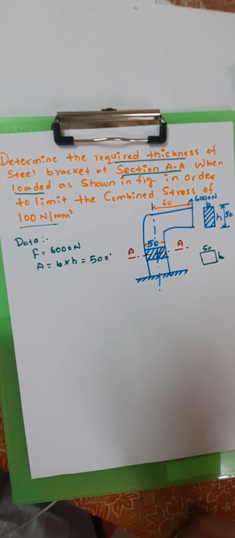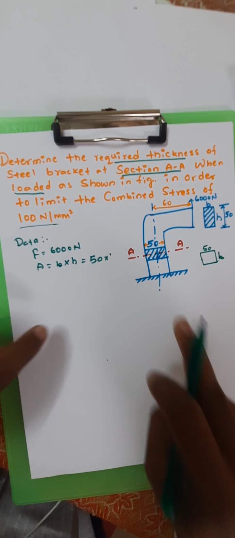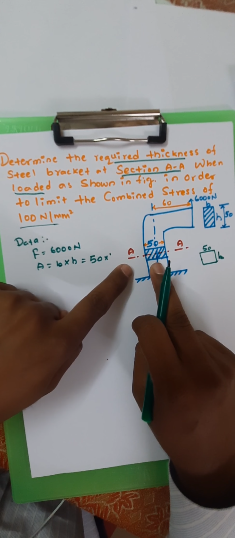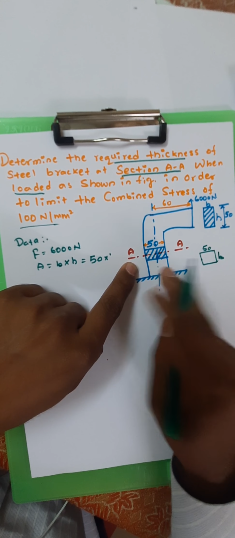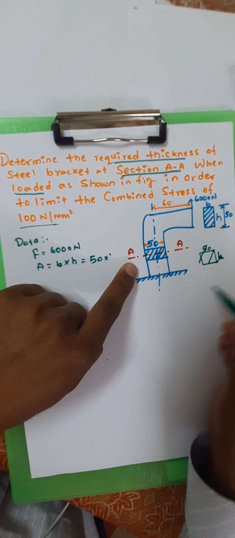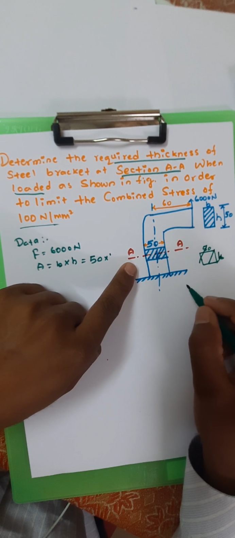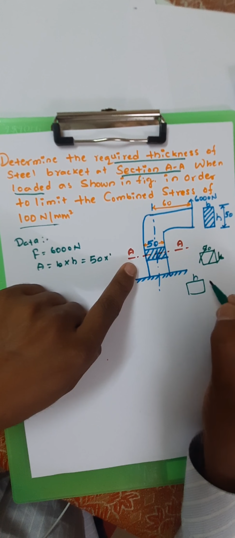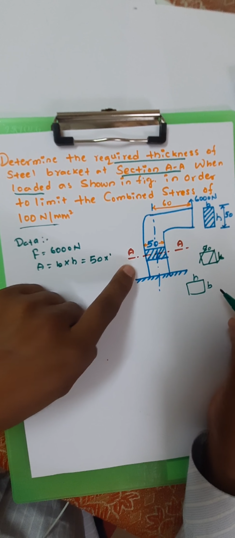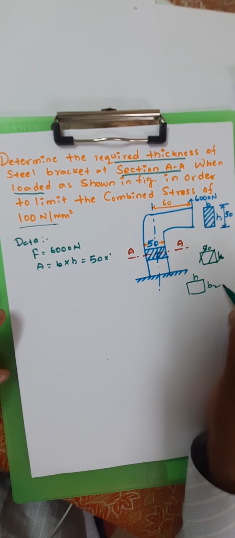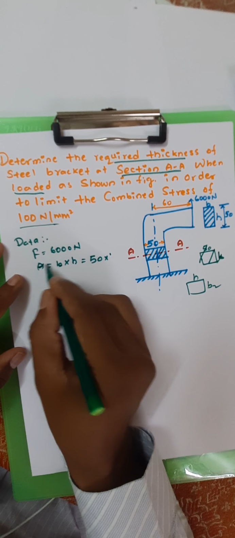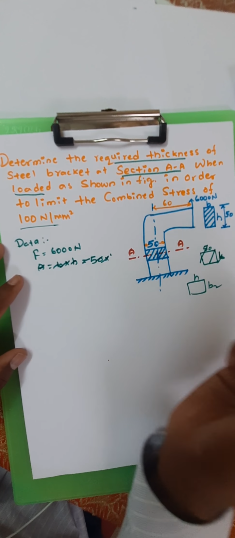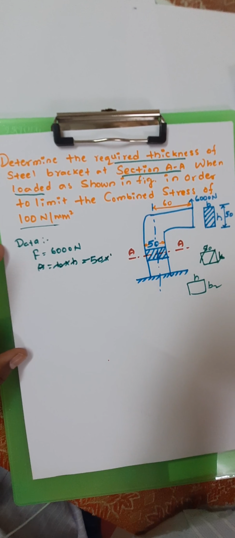This is the given problem. We need to determine the thickness of section AA, which is h by b. So this is what we need to determine. Now let us understand the given problem, and note down the given data.